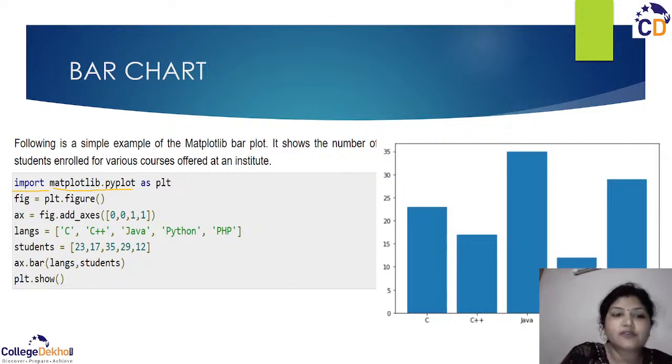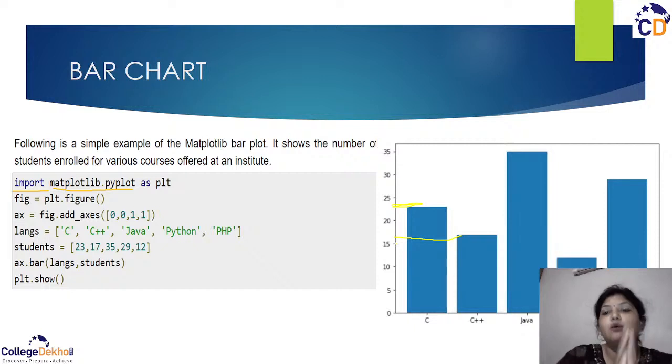Accordingly, for C we have 23. You may see in the bar graph also it is showing 23, right here, somewhere here. For C++ we have 17. So this is 15, this is 16, this is somewhere here we are showing.